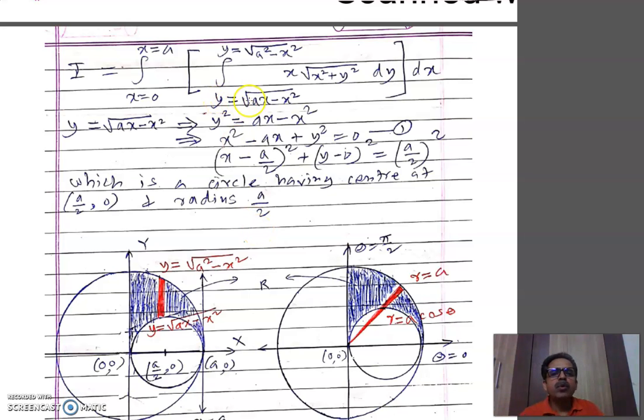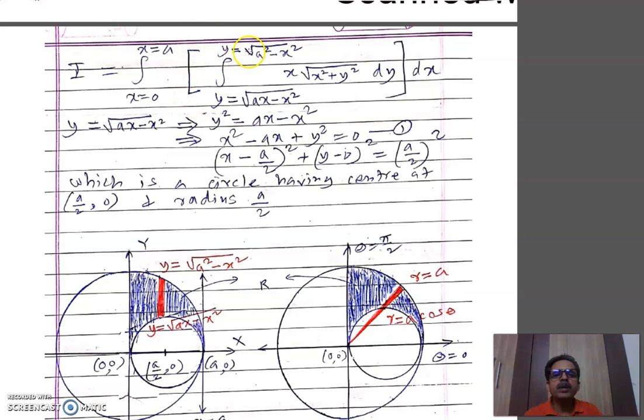So this lower limit represents a circle having center at the point a by 2 comma 0 and radius a by 2. This point will have the coordinates a comma 0 and this point will have the coordinates 0 comma 0.